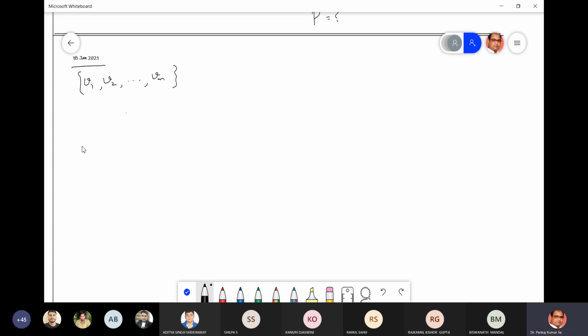They are the vectors that are given, and these are non-orthogonal basis vectors. And you are asked to find an orthonormal basis out of these vectors.